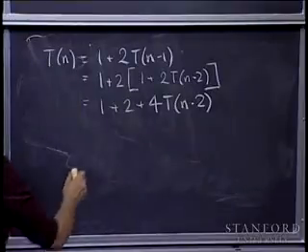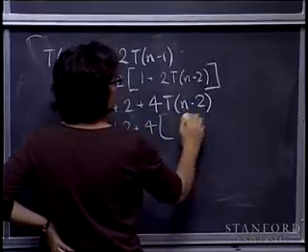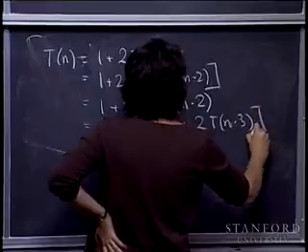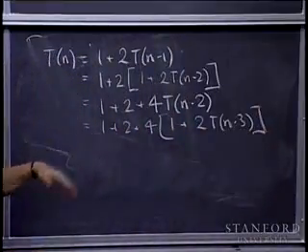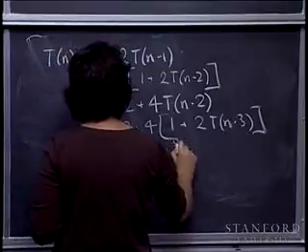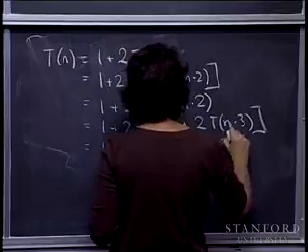If I apply my substitution again, 1 plus 2 plus 4 times T(n minus 2) is 1 plus 2 T(n minus 3). And then let the multiplication go through again. 1 plus 2 plus 4 plus 8 T(n minus 3).